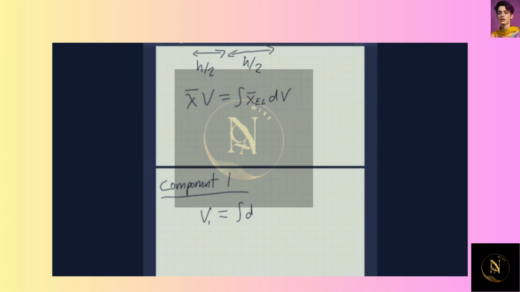First let's find the volume, which is going to be equal to the integral of the differential volume over each disk differential element.